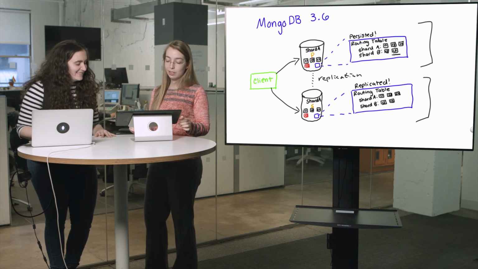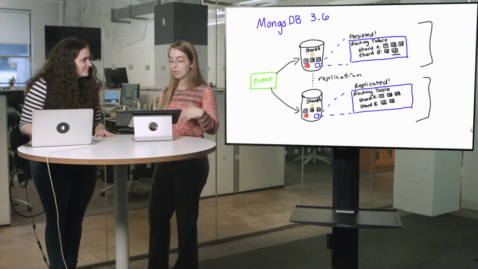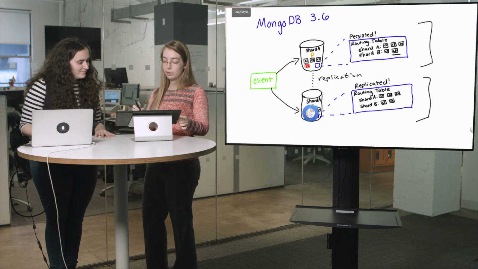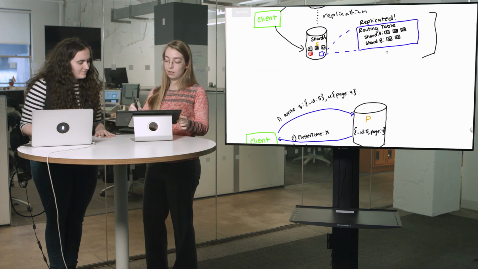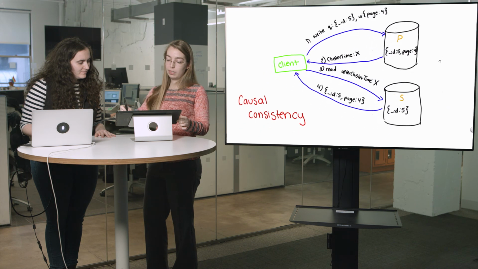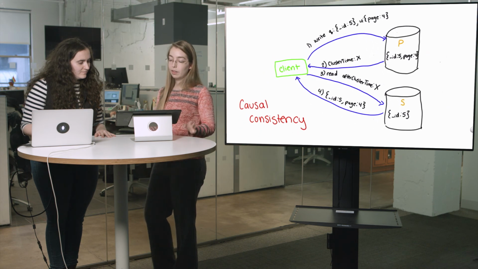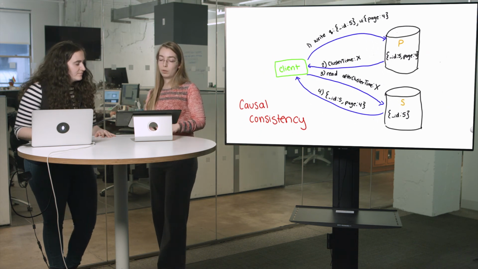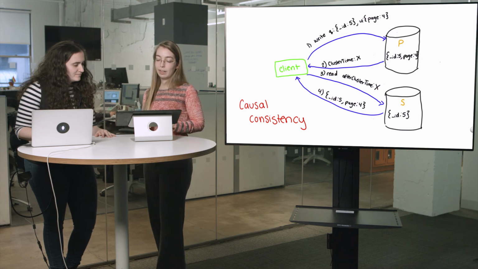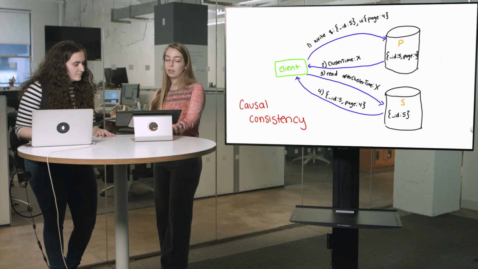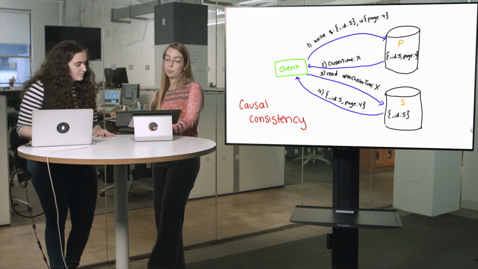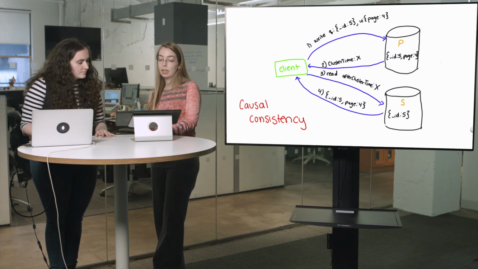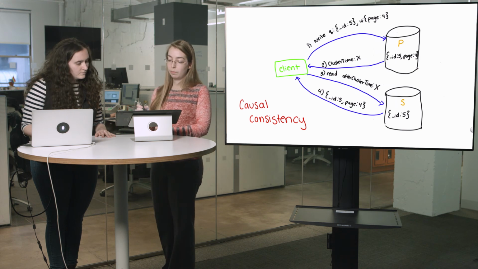Let's finish off with an example of one of those nice transaction features that we can now do on secondaries. So I'm going to bring in causal consistency here. I'm not going to talk about the overall project. Someone else is going to talk about that. But one of the things that causal consistency introduced was the concept of an after cluster time.